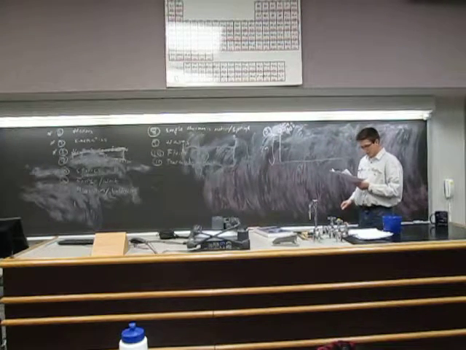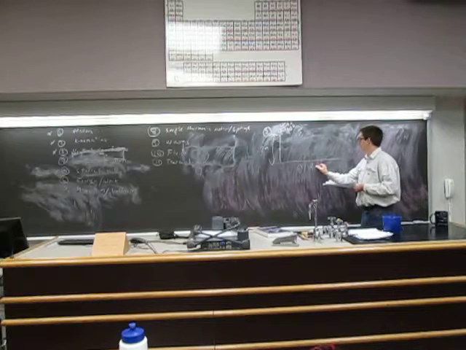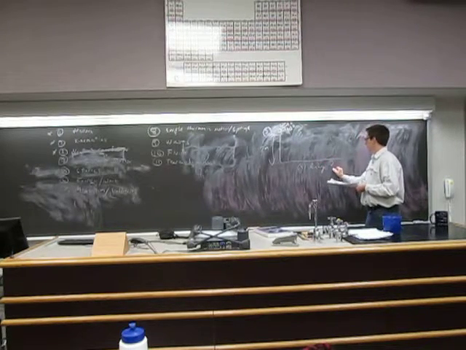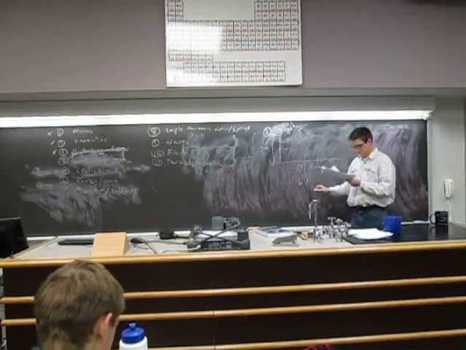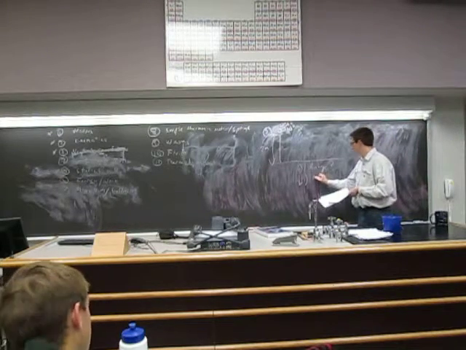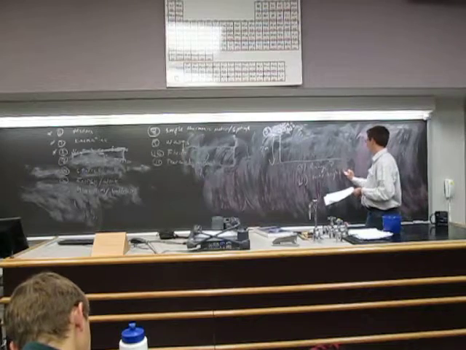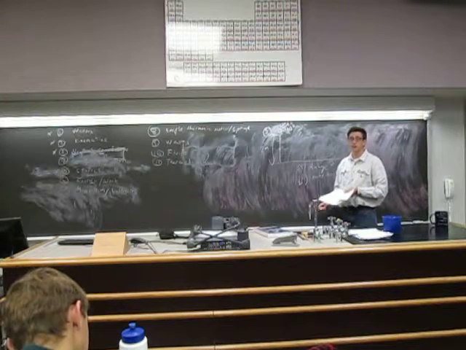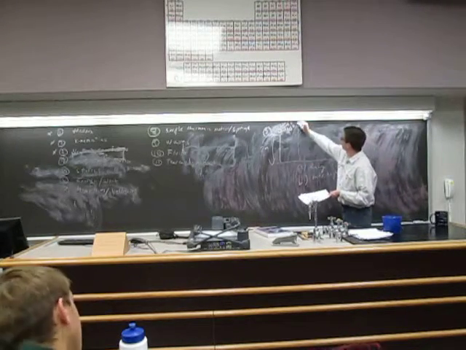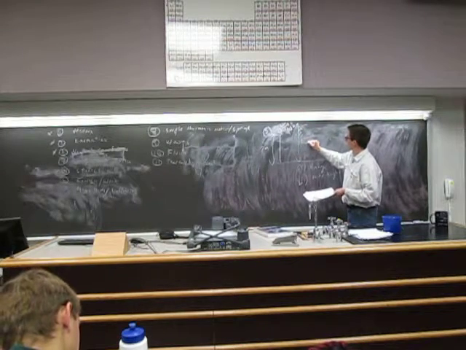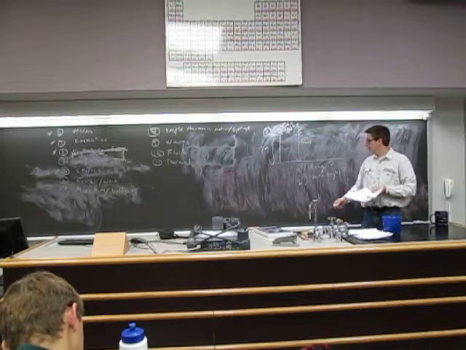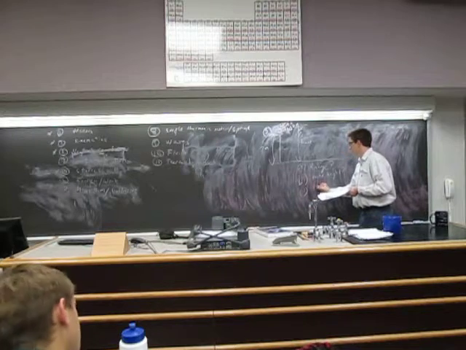A, what's the range? And then B, what's the maximum height that the projectile got up to above the ground? So that would be this height here. And then C, time in the air.